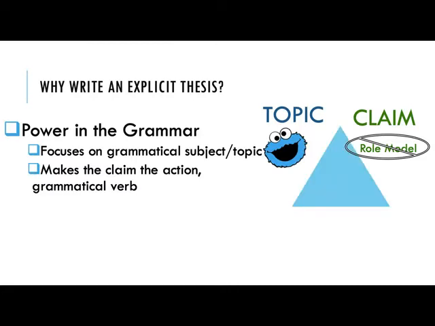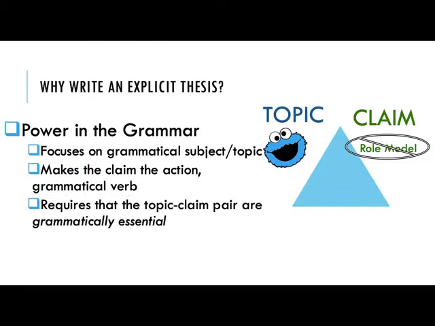So if you think about your topic-claim pair as being sort of like a triangle, they're at the top. And then what happens is we make them grammatically essential to the paper and to that thesis statement. That way they are the most important things. They're super strong when they're put together.